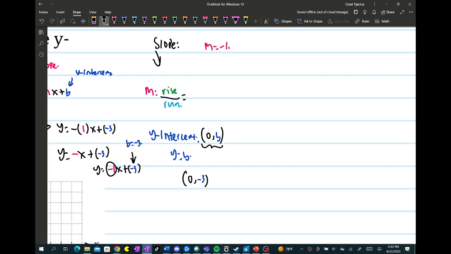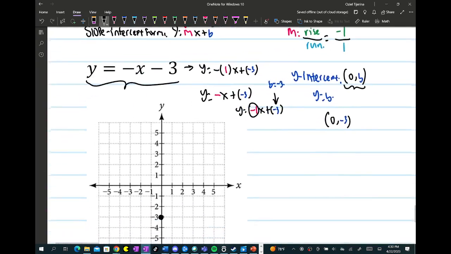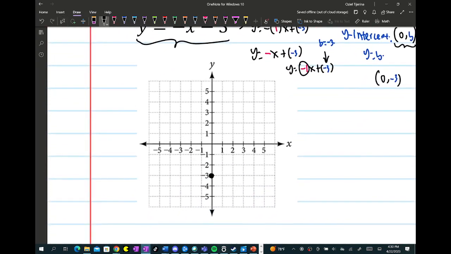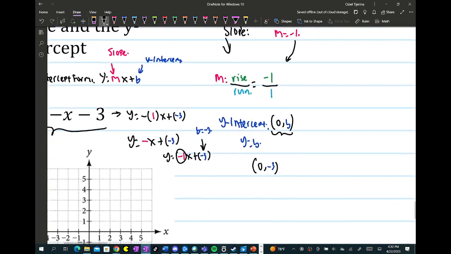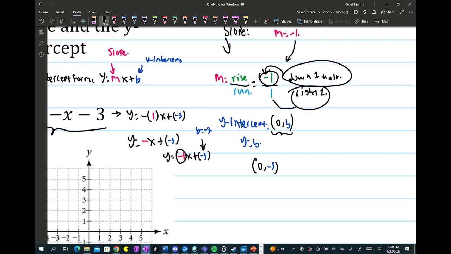And I can rewrite this as negative 1 over 1. So this means that I'm going to go down 1 unit, which is defined by this expression here, and to the right 1 unit, which is defined by this expression here.